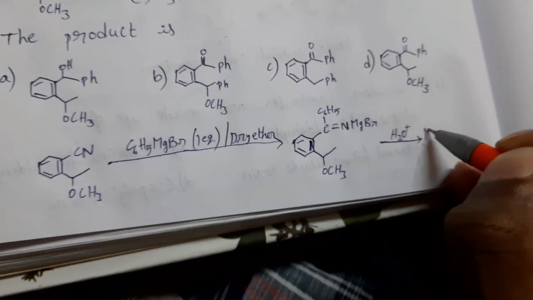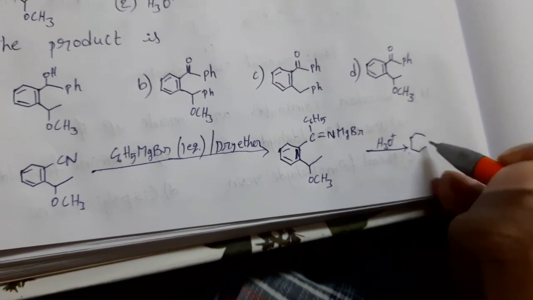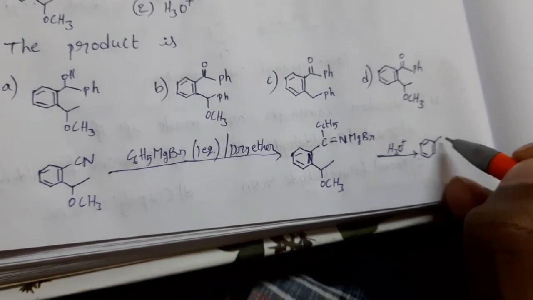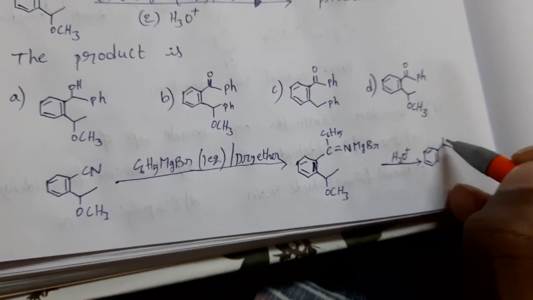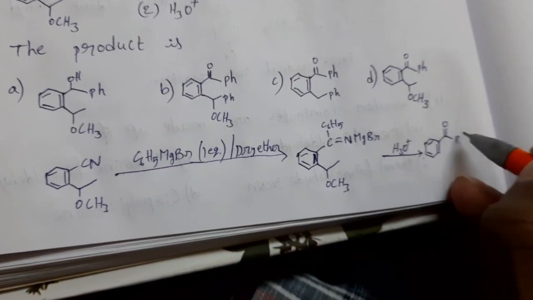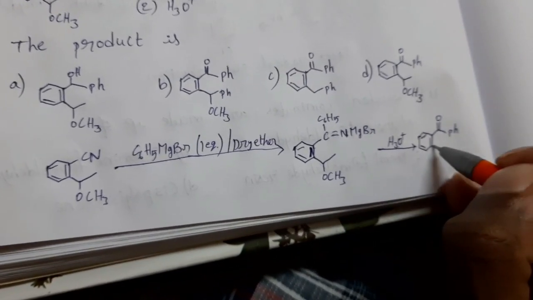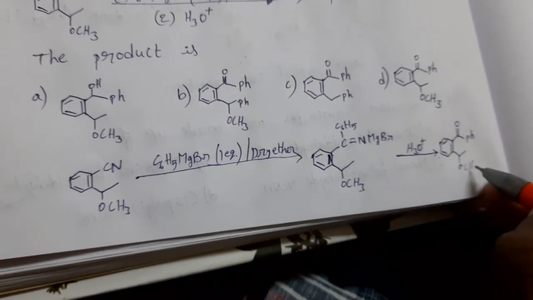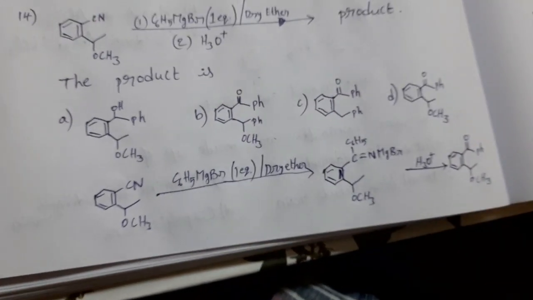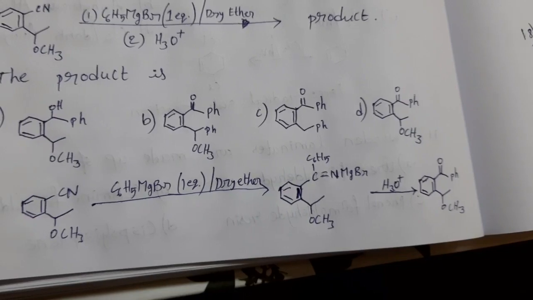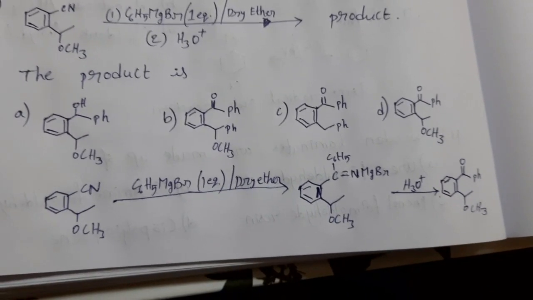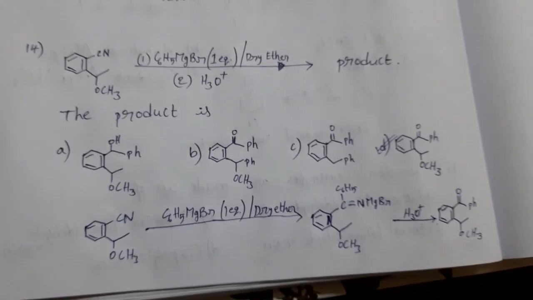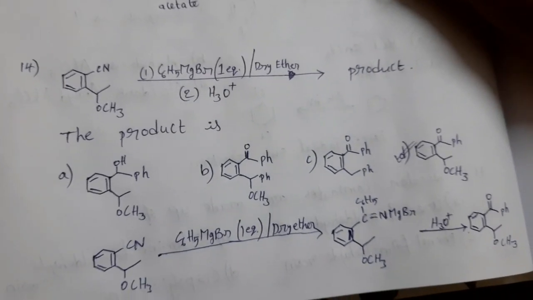Then we can get the product. This is the product. Ph means C6H5, with OCH3. Then what is the suitable option? Option D is the answer. 14th question, option D is the answer.